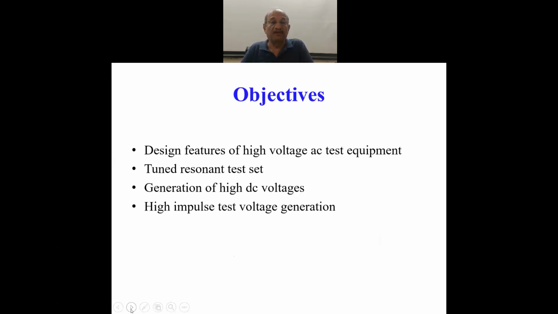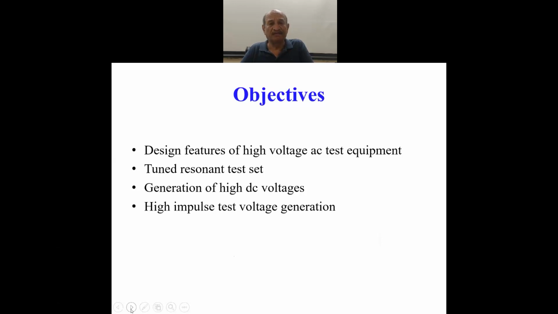Then, there is still a requirement for high voltage DC for testing purposes. In some countries, for some equipment, it is mandatory that the equipment, let it be power cable, transformer, or circuit breaker, be tested once again after installation at the site.